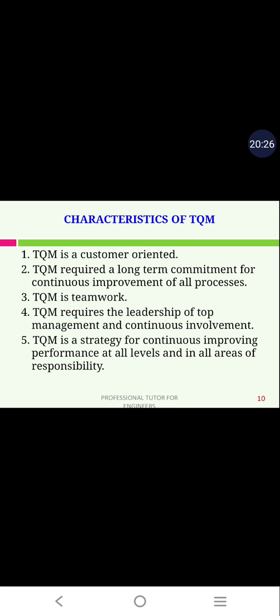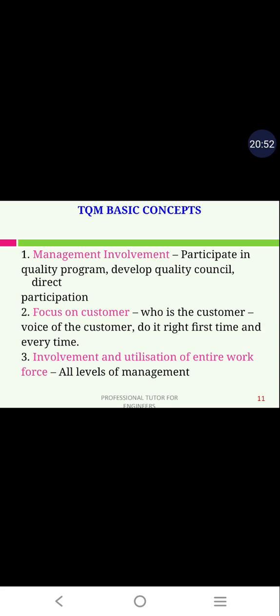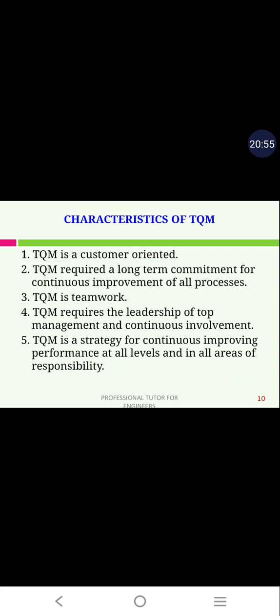At each and every level, the performance of the product can be increased in all areas, like design, production, appearance, and testing. All areas of the process have to be improved. So this is the fifth characteristic of TQM, and these are all the characteristics of TQM.